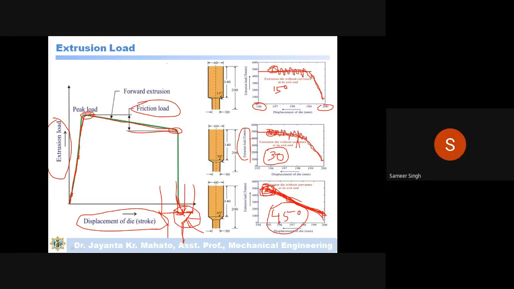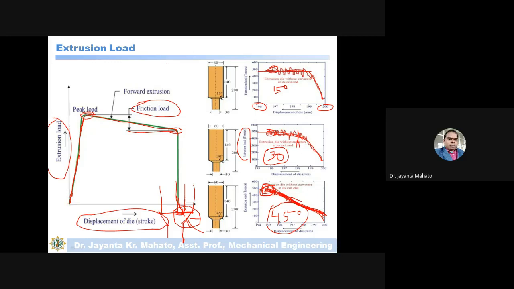So whenever you increase the die angle, then less amount of load will be required. But initially the load is constant. Means initially the load is nearly the same for all the cases. And for 15 degree this load will remain constant throughout the process.